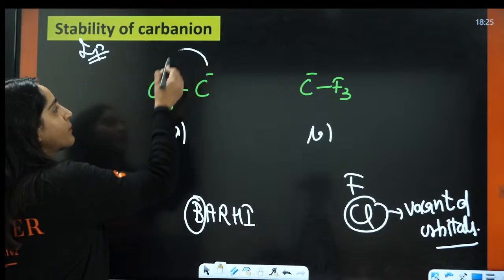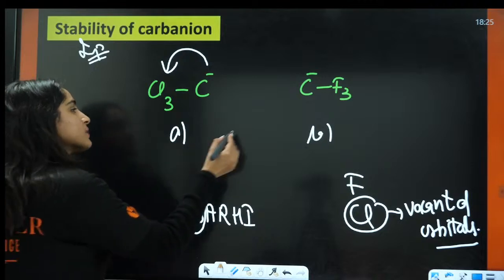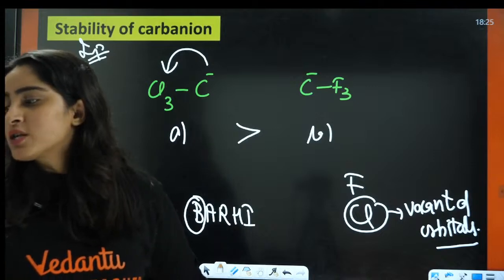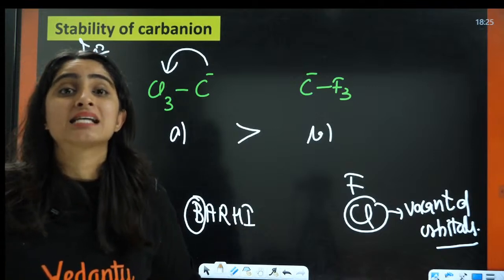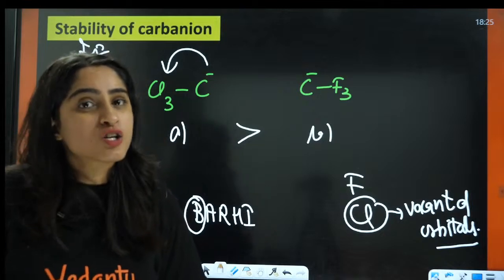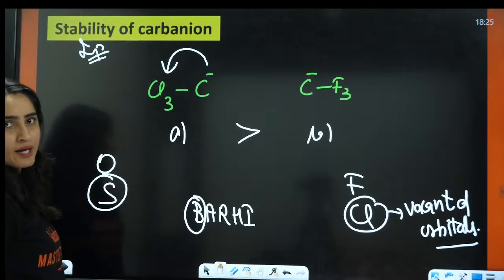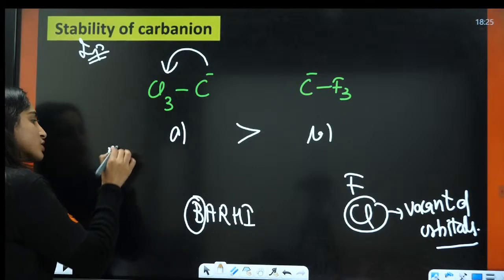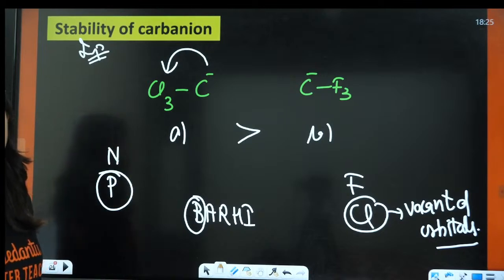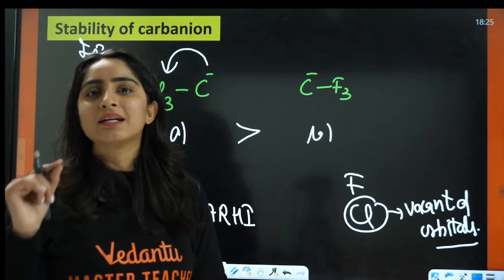Because of vacant d orbitals, it will donate its electrons to vacant d orbitals, and hence due to back bonding, A is more stable than B, because chlorine has vacant d orbitals. Among oxygen and sulfur, sulfur has vacant d orbitals. Among nitrogen and phosphorus, phosphorus has vacant d orbitals. That means the second member of every group has vacant d orbitals.